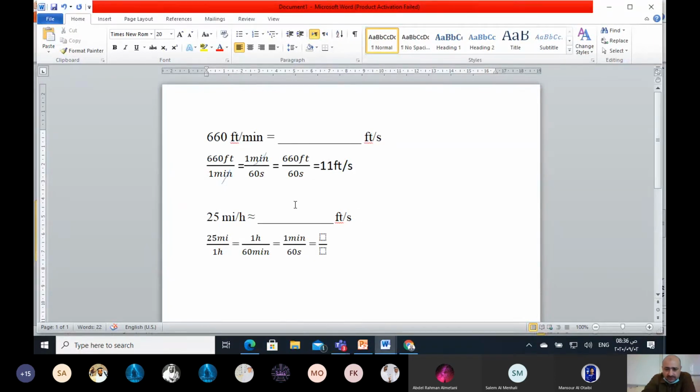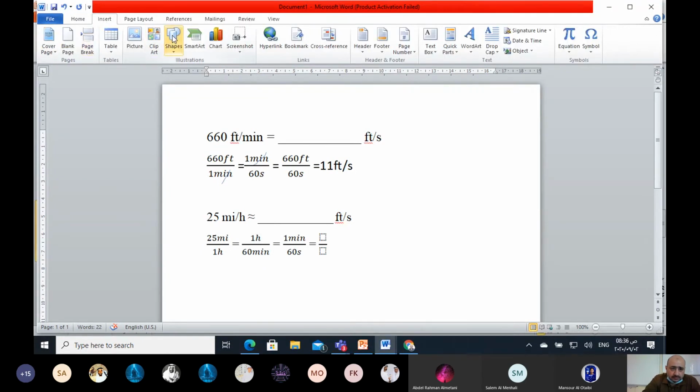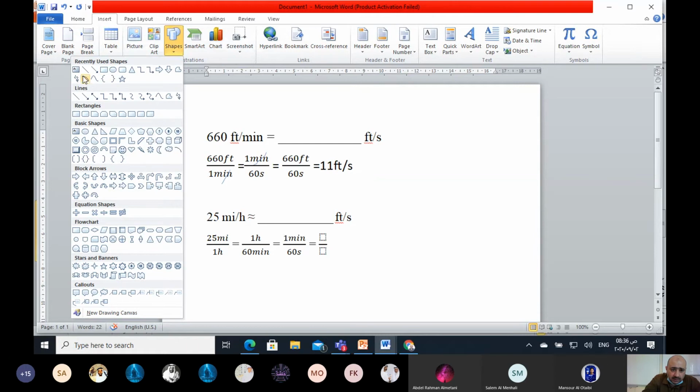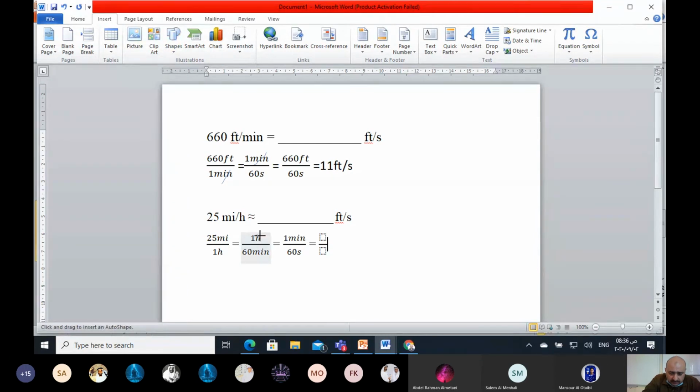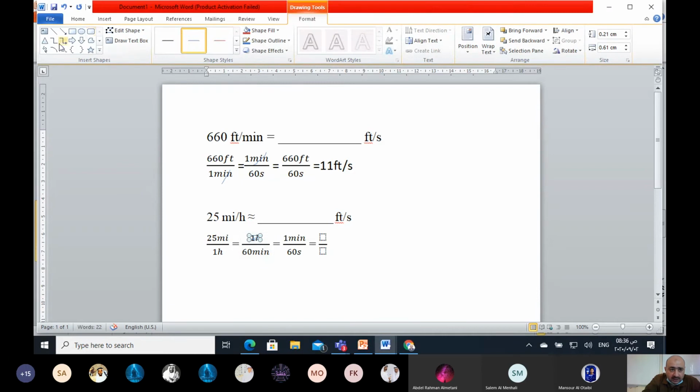From hour to second, change from hour to minute, then from minute to second. Each 1 hour equals 60 minutes. I can cancel hour with hour.